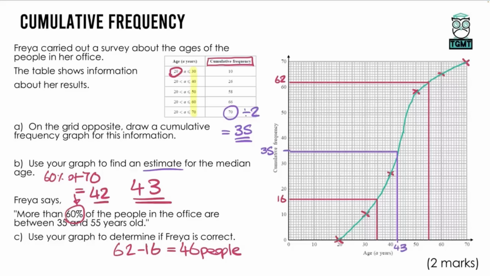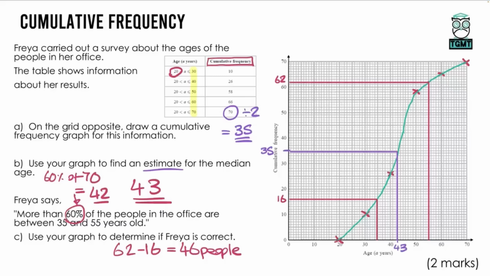Well, 60% is 42 people, and we have 46 people. So yes, Freya is correct, because more than 60% of the people are between 35 and 55. Because 60% of the people is 42, we have 46 people.